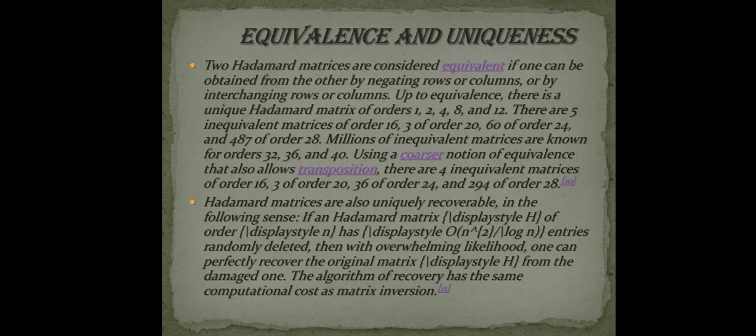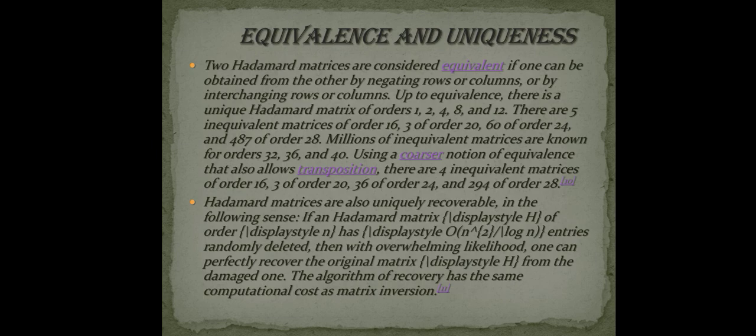Equivalence and inequivalence. Two Hadamard matrices are considered equivalent if one can be obtained from the other by negating rows or columns or by interchanging rows or columns. Up to equivalence, there is a unique Hadamard matrix of order 1, 2, 4, 8, and 12.